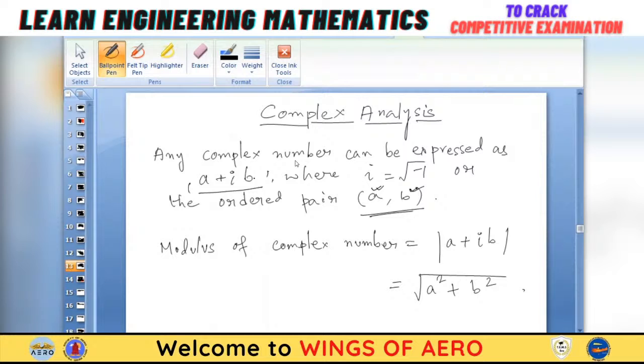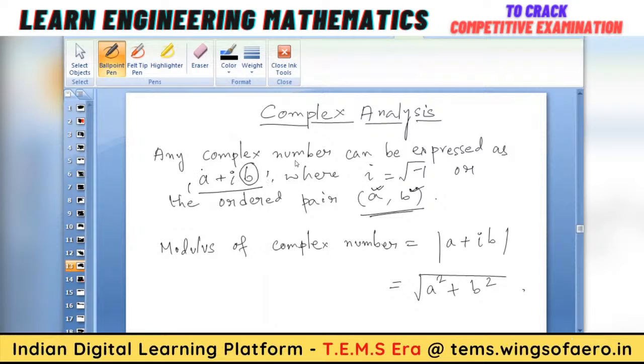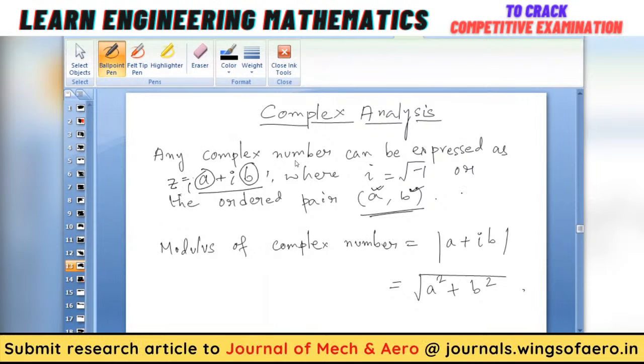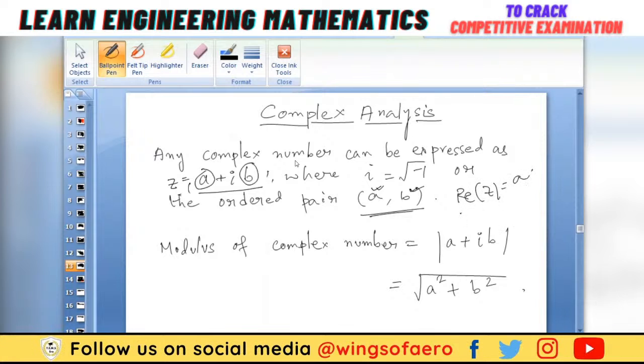The part multiplied with i is called the imaginary part, and the part not multiplied with i is called the real part. So if I say this is Z, then the real part of Z, Re Z, is A, and Im Z, the imaginary part of Z, is equal to B.